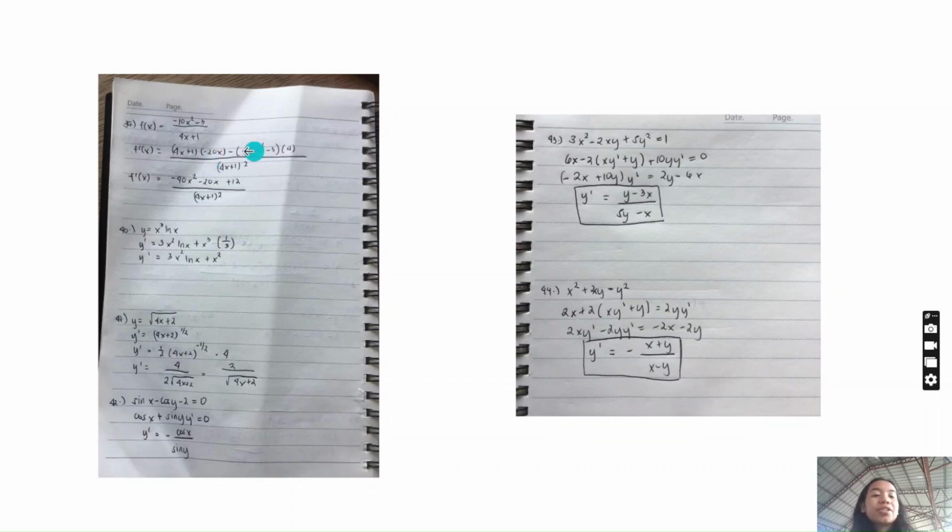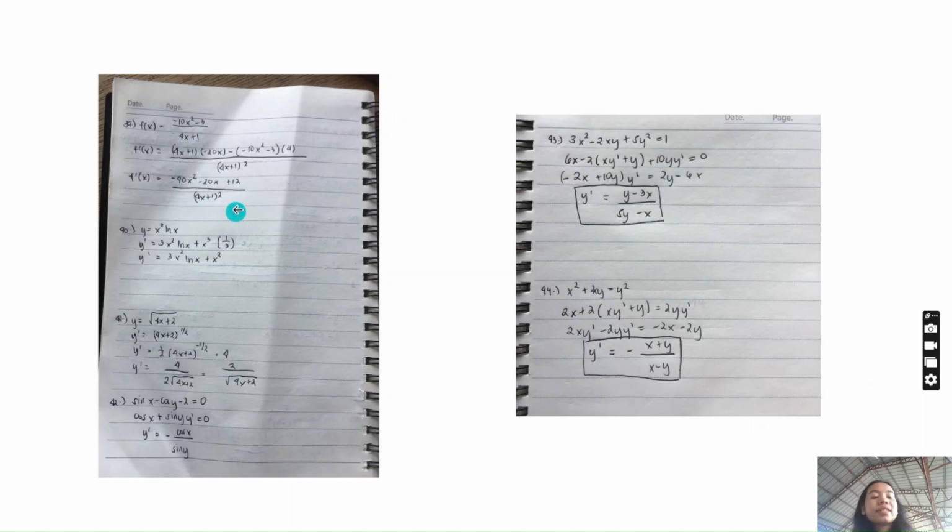So multiplying each term from the left and the right side, 4x plus 1 times negative 20x minus the quantity of negative 10x squared minus 3 times 4. That simply gives us negative 40x squared minus 20x plus 12 by combining the like terms.